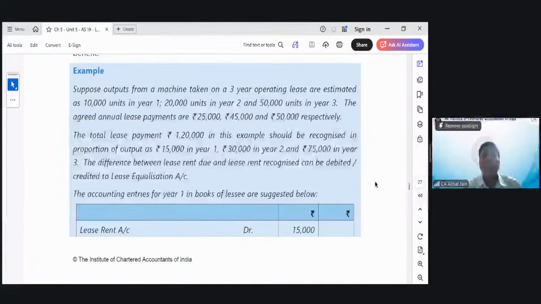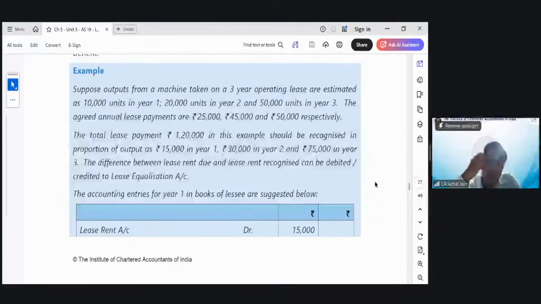What is the total lease payment? 45,000 plus 25,000 plus 50,000 becomes 1,20,000. So that's the total.